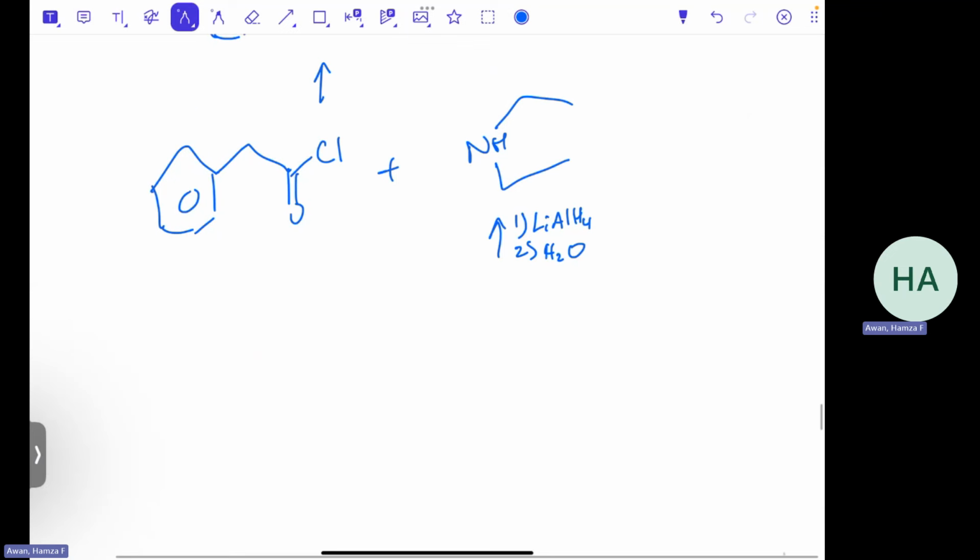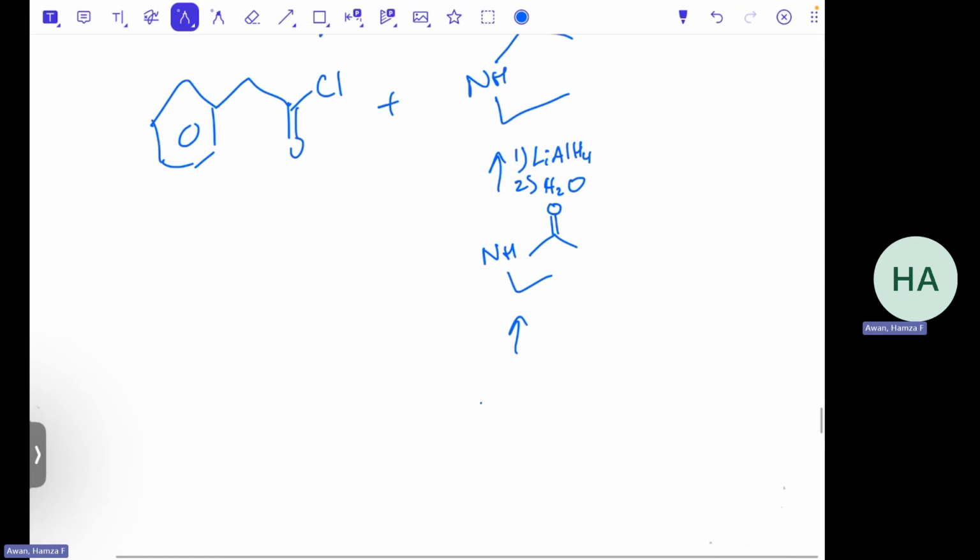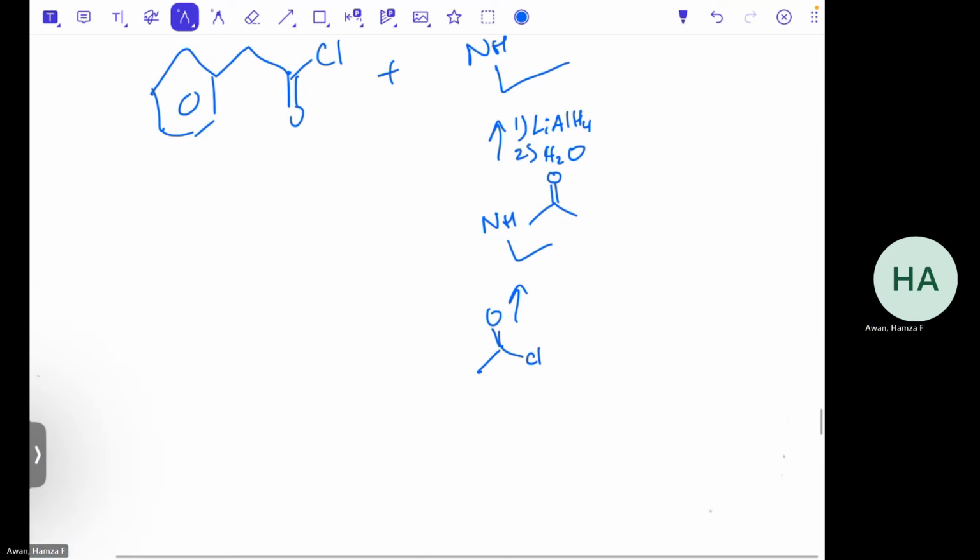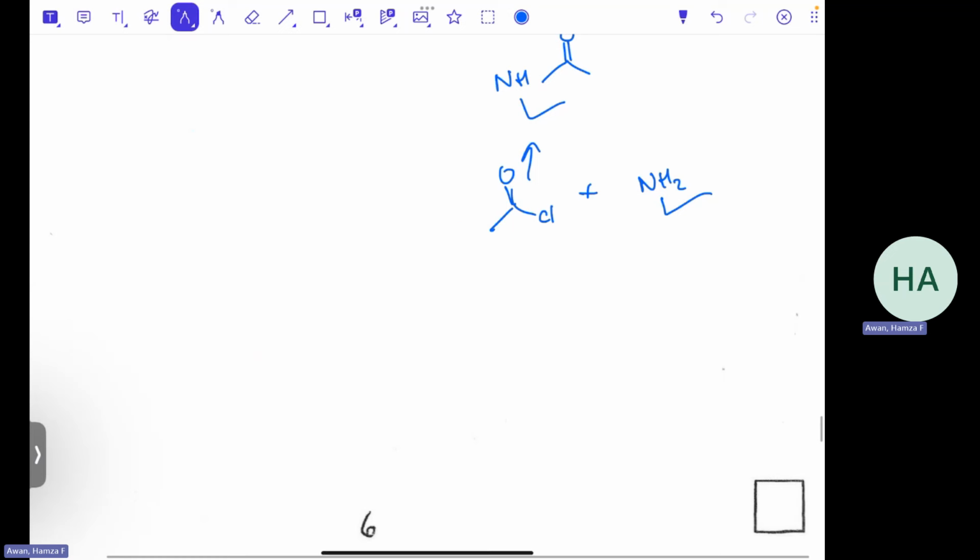H2O, and that's going to do the same thing one more time. And then if we just cleave that, we have the OCl like this, plus the NH2 CH2CH3. And I'll go by this one more time.